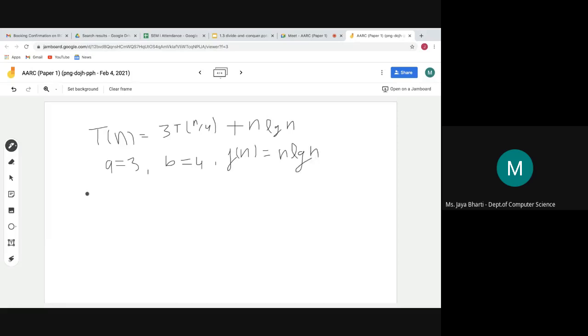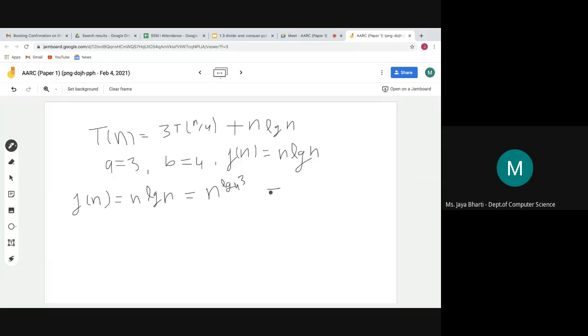Okay, so now you will compare f of n, which is n log n, to n to the power log a base b, which is log 3 base 4. Ye toh complicated hai.